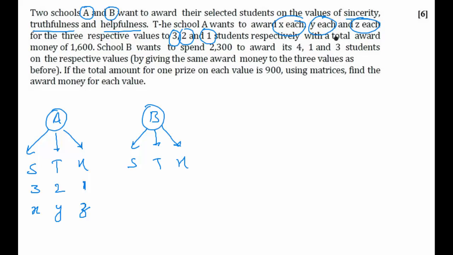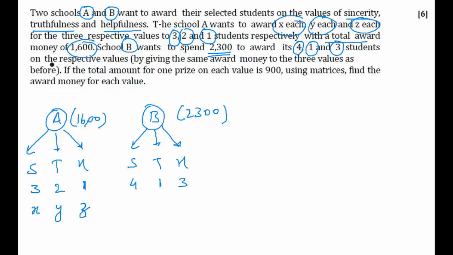Other than that, they have also given us that the total award money should be 1600. So school A wants to spend 1600 only on their awards. Now let us come to school B. School B wants to spend 2300 in all on the awards, but they want to give 4, 1, and 3 students awards, which means that for sincerity now there will be 4 students receiving the award, for truthfulness only 1 student will receive the award, and 3 students will receive an award for being helpful.